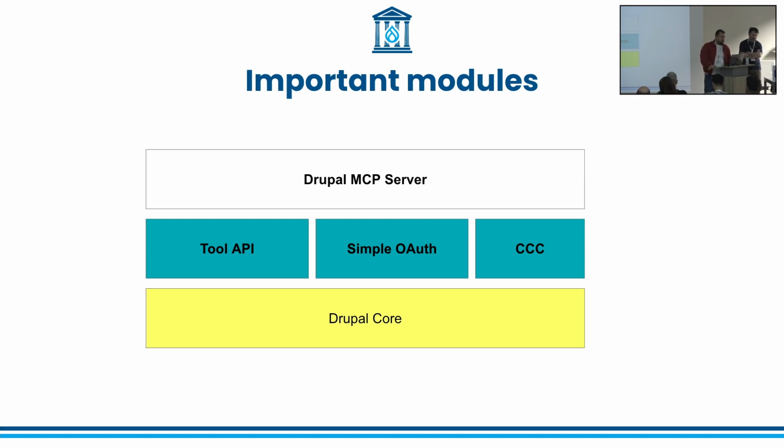The last module, which is relatively new and not directly related to MCP, is more related to Drupal's internal AI ecosystem. It's called Context Control Center. This is really important. The module makes it possible to create different kinds of context items, which are essentially markdown texts, and they create this context for models and agents.